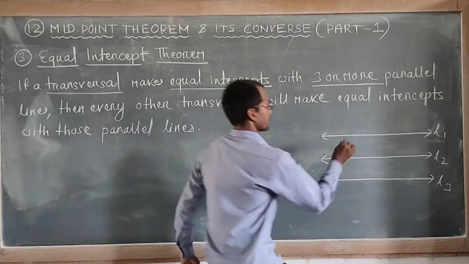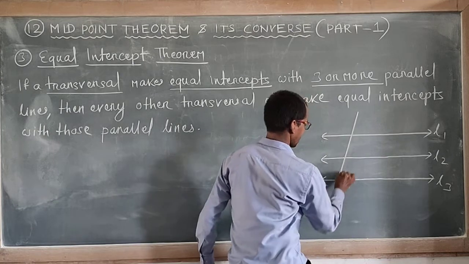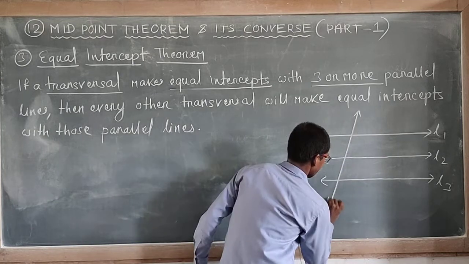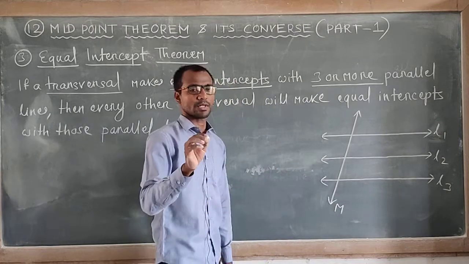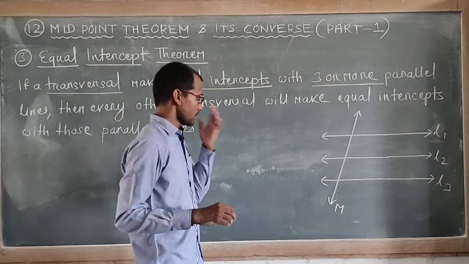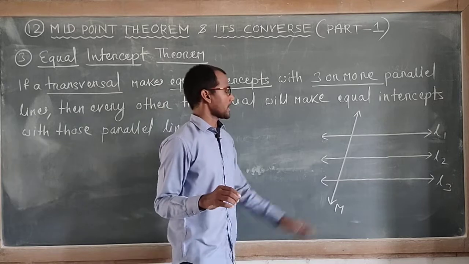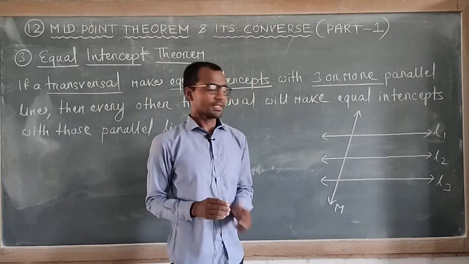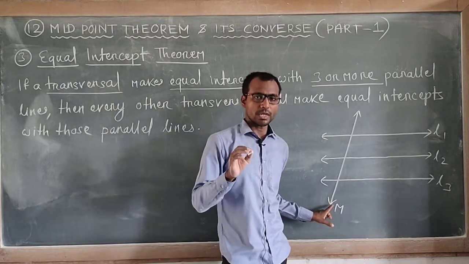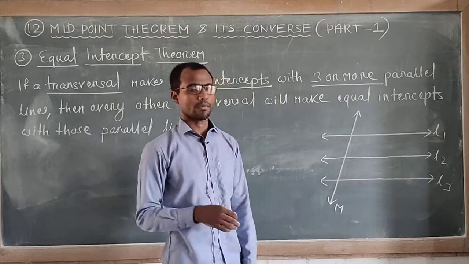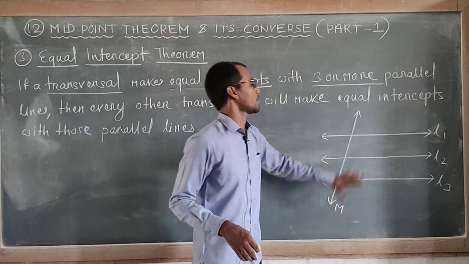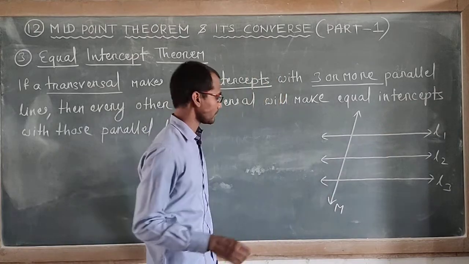Suppose this is a line, its name is small m. Lines are represented using small letters. This line m is intersecting all the 3 parallel lines, means it is a transversal. You studied in lower class, a line which intersects other lines is called a transversal. Okay, so m is a transversal for these 3 parallel lines.